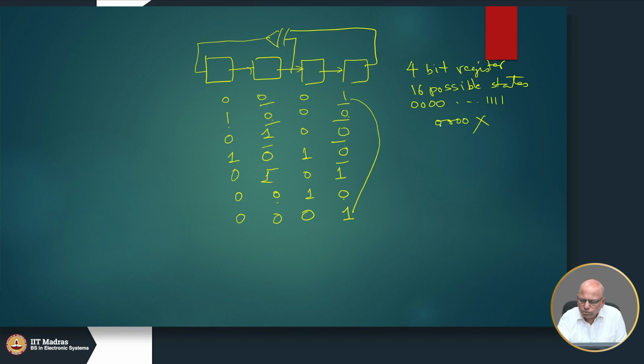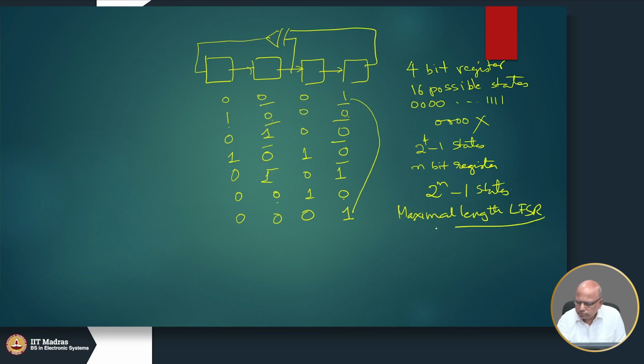So, ideally I would like to have 2 to the power 4 minus 1 states. In general, if you have an n-bit shift register, I would like 2 to the power n minus 1. Such an LFSR is known as a maximal length LFSR.